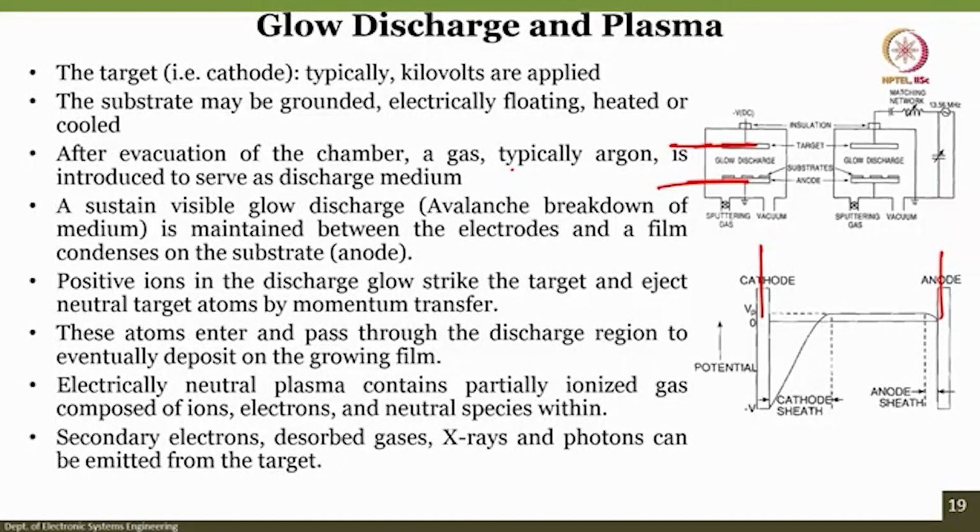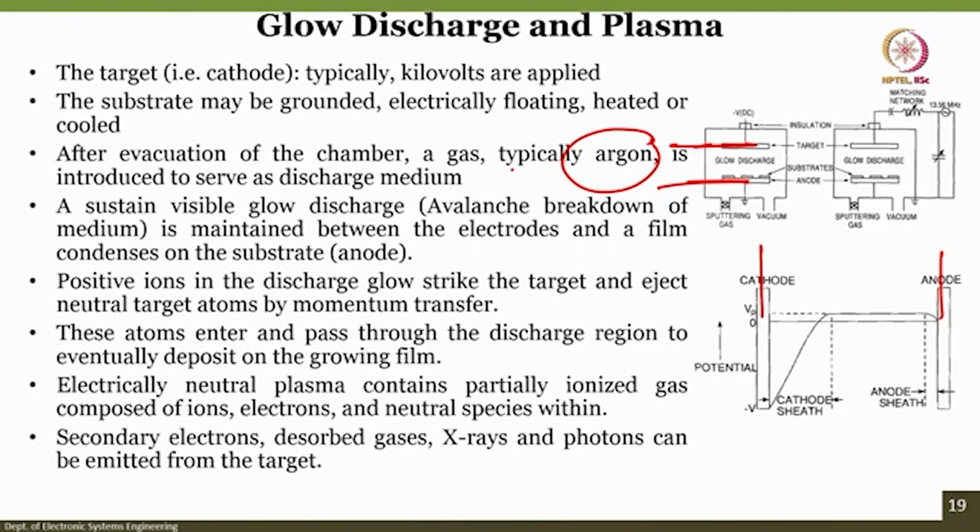The substrate may be grounded, electrically floating or heated or cooled. After evacuation of the chamber, a gas, typically argon, as I told, is used as a sputtering gas. It is introduced to serve as discharge medium, and a sustained visible discharge called avalanche breakdown of the medium is maintained between electrodes, and a film condenses on the substrate, which is the anode.